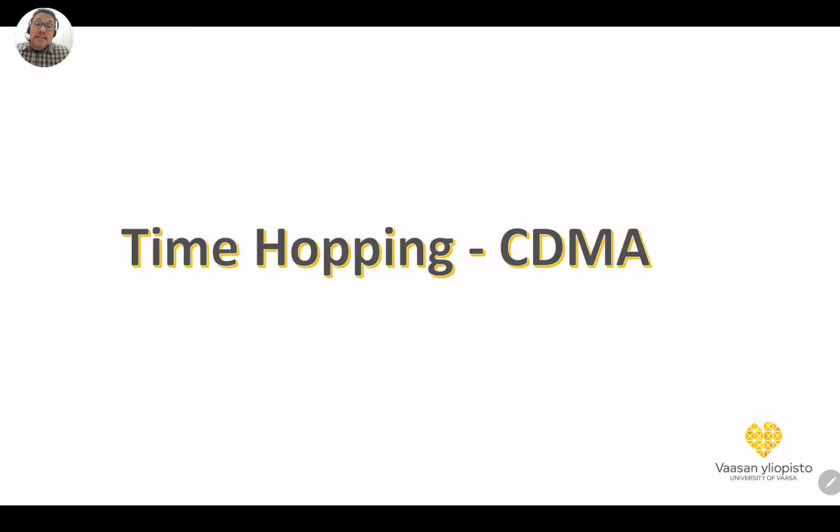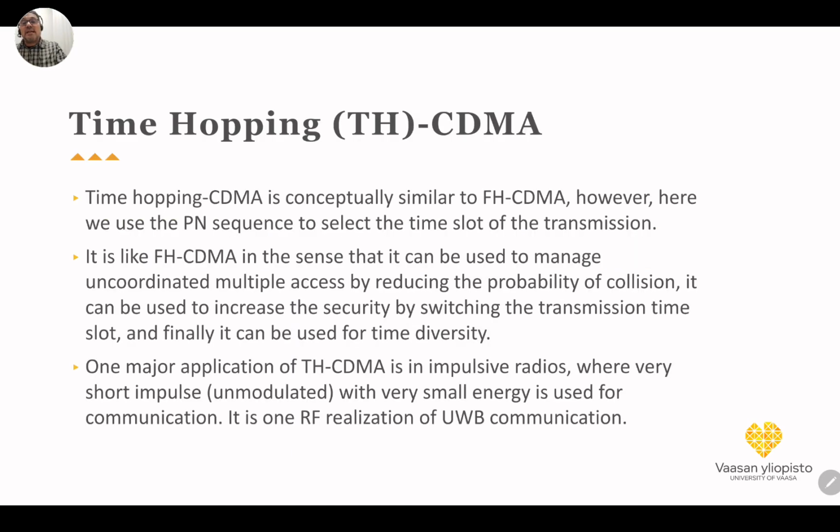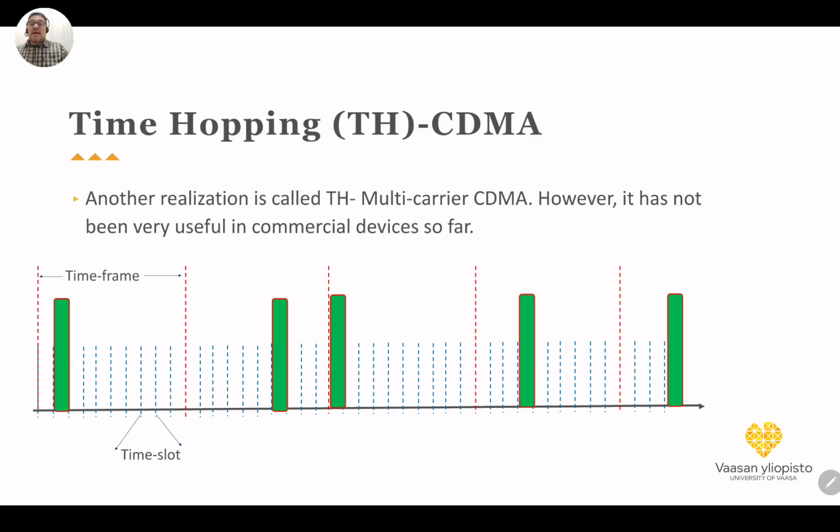Time hopping. The same concept of frequency hopping is used in time instead of frequency. So, for example, if we divide the time into time frames, as you can see, time frame 1, time frame 2, and within each time frame we have time slots. We might have hundreds of time slots. Now, depending on the PN sequence result, we select every time in which time slot we transmit our symbol.